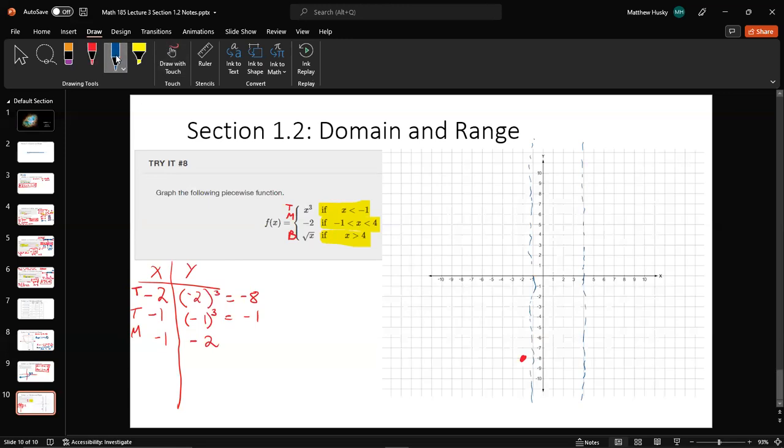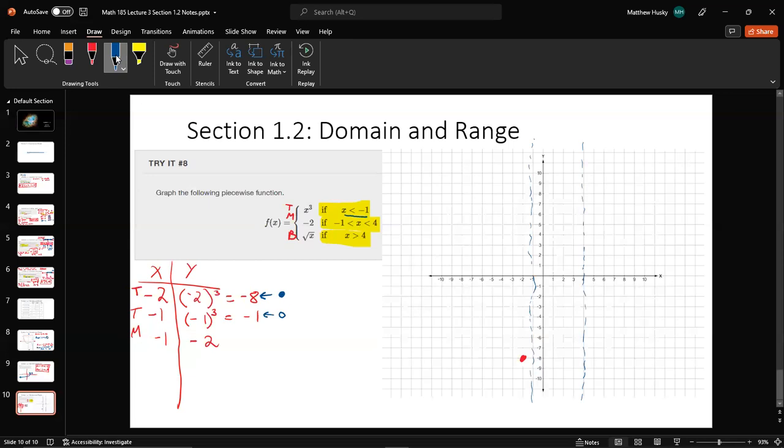Now, a point that you graph is normally a filled in point. The thing to see here is that the top piece is for x less than -1. So that's going to be an open circle at that point for the top, because it's going to get close to that value, but it's never actually going to equal that value.